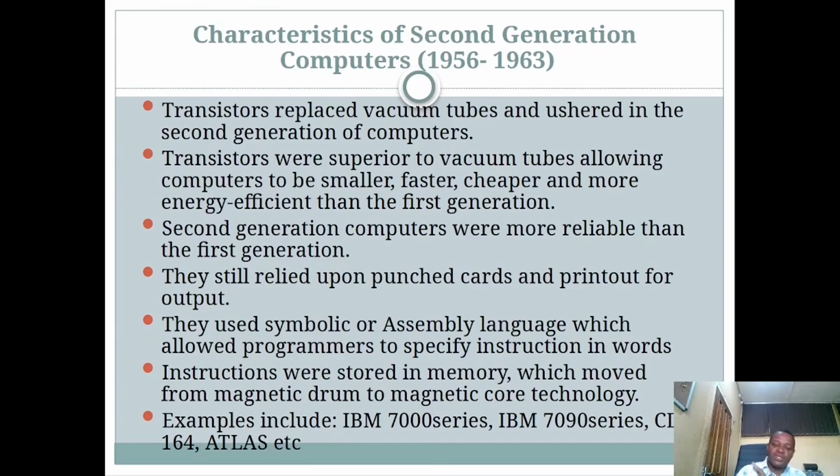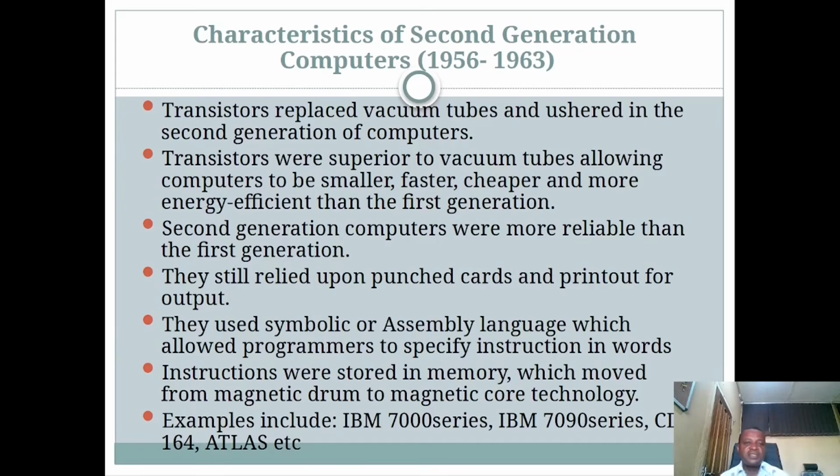The assembly language was much easier to use, and allowed programmers to specify instructions in words. That means that instead of using binary code, they used mnemonic codes. We call them mnemonic codes that we used to represent every instruction that was given to the computer system.